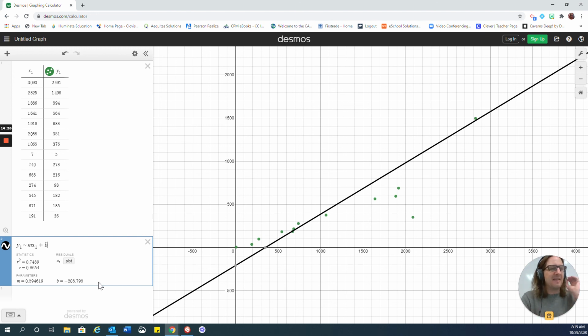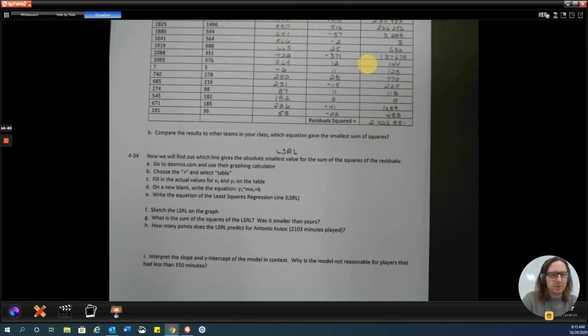And that is the very best line of fit. So we're going to go back to our worksheet. I'm just going to keep this over on the side for right now.